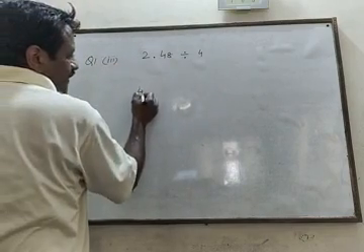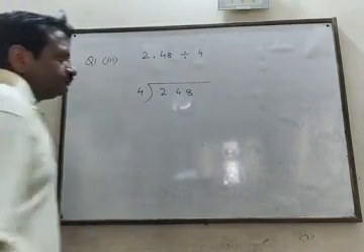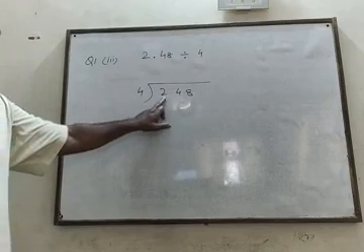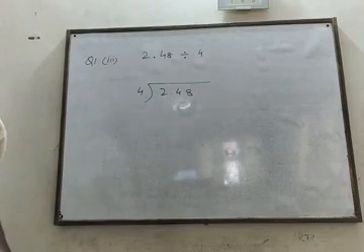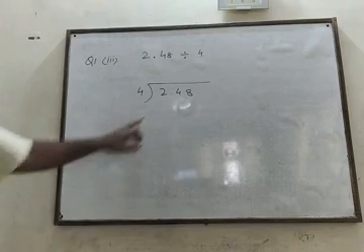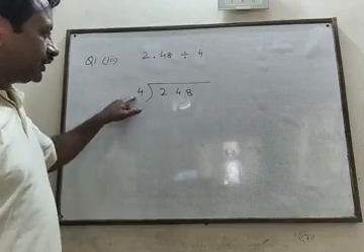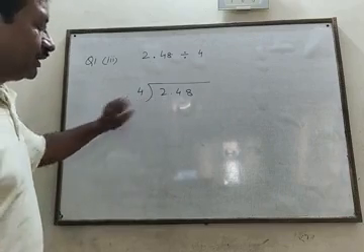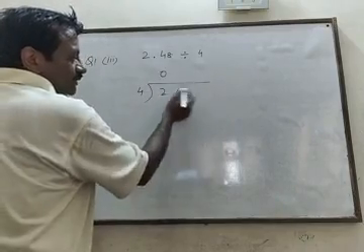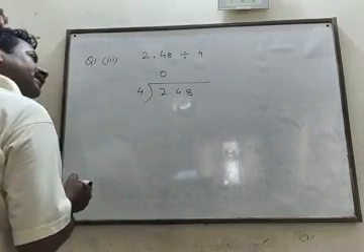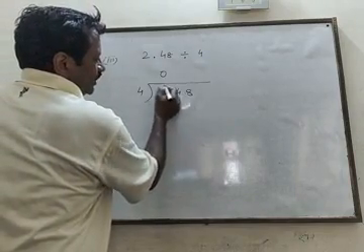So 4 will be written outside, and 2.48 inside. Before the decimal we can take all the digits, a few digits, or as many digits as we require. So I am taking all the digits before the decimal. Here it is 2, here it is 4. 2 is not divisible by 4, so we will put 0. But after the decimal, again we will start taking one digit. So make it 2 and 4, 24.